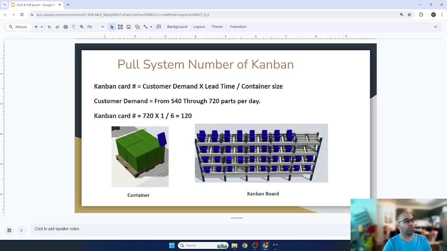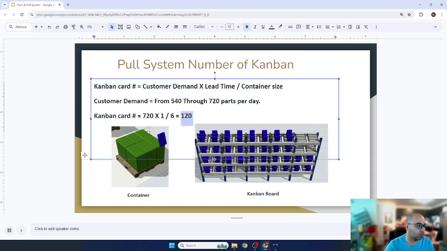The customer demand we have is around 540, all the way up to a maximum of 720 parts per day. The lead time is 1 day. Just to put this in the formula, we have 120. So this means 120 Kanban cards we can put into the system.